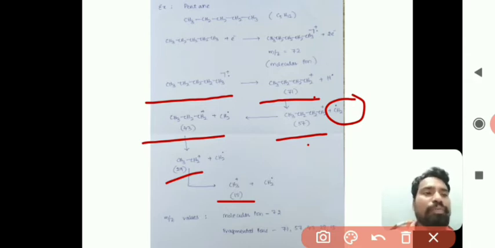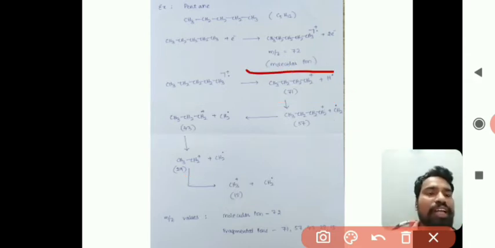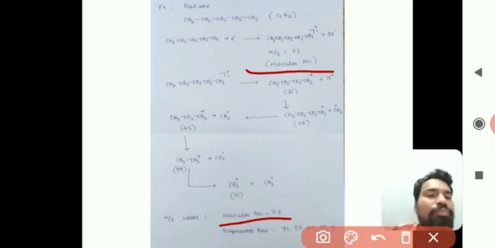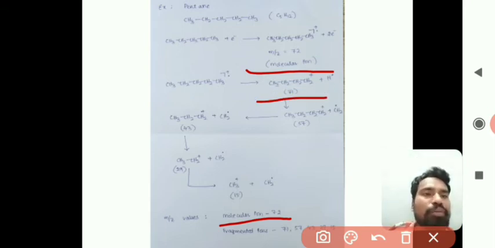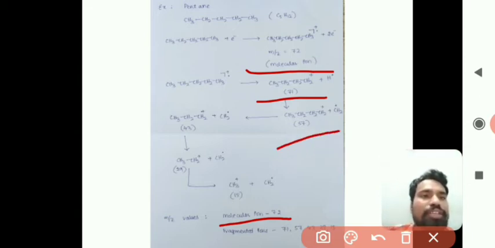So the first is the molecular ion, the pentane radical cation, whose m/z value is 72. Then the first fragmented cation is the pentyl carbocation, m/z 71. After that, by losing CH2 dot, it forms the butyl carbocation, the second fragmented cation, that is 57.